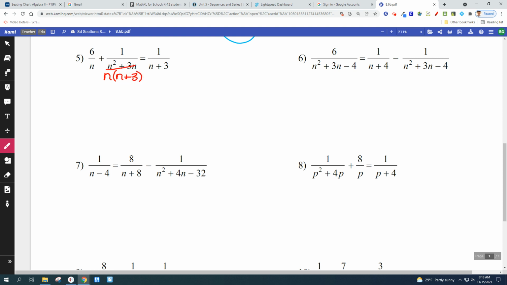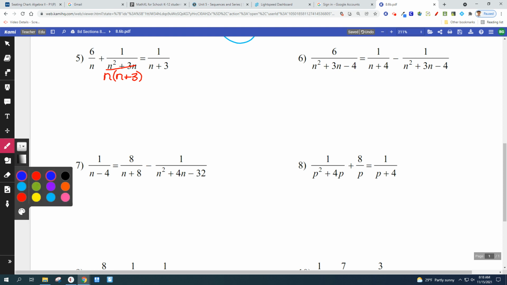So you want to look at the factored form and then start thinking about a common denominator. It turns out that you need an n and an n plus 3. Once you've seen a few of these, you start getting the pattern.